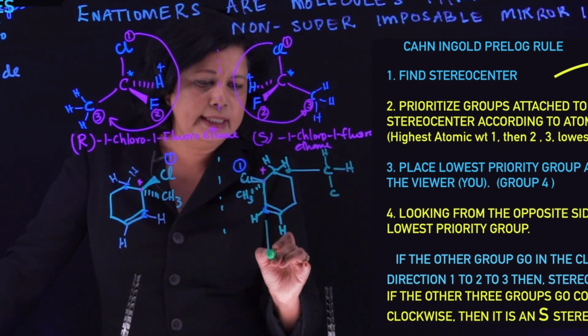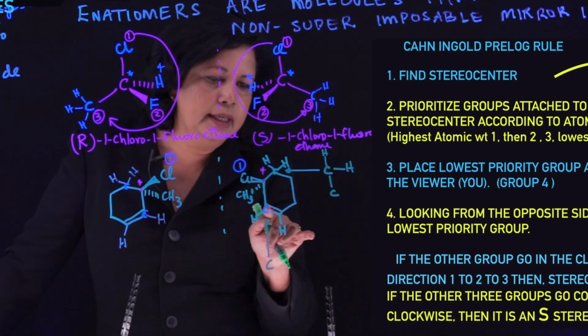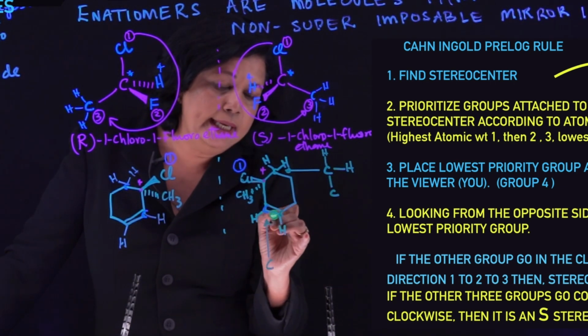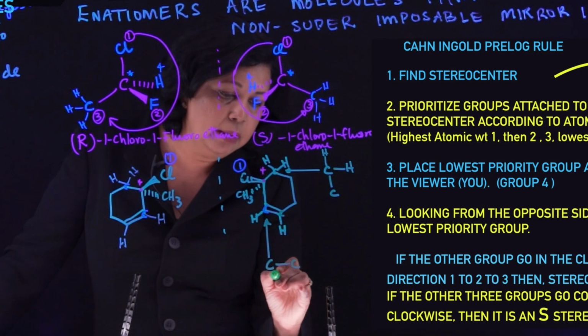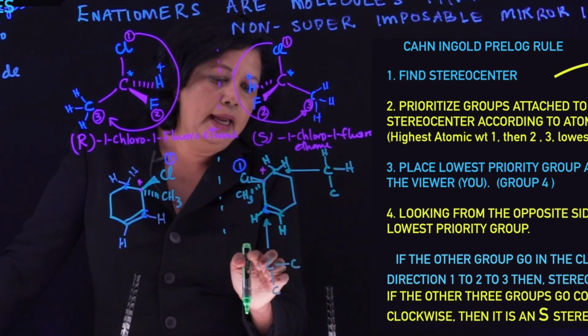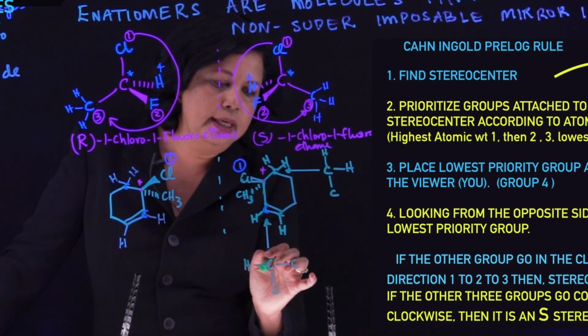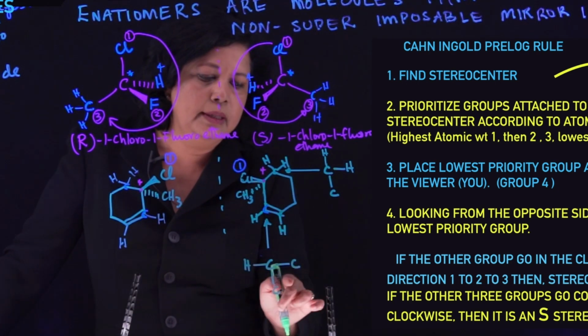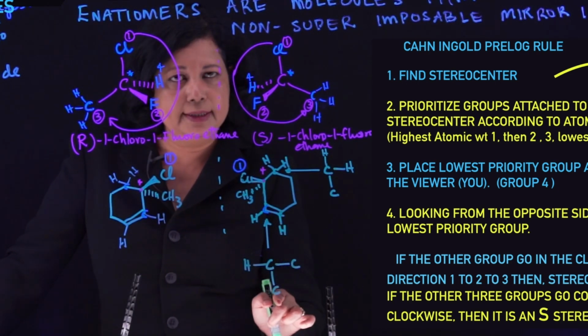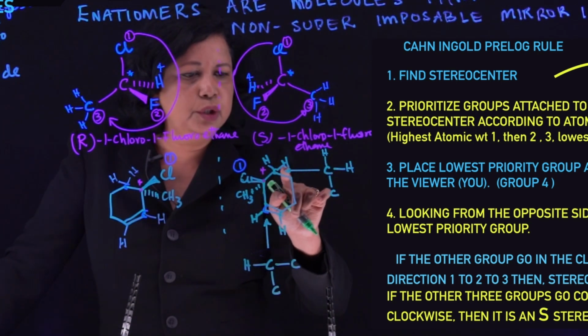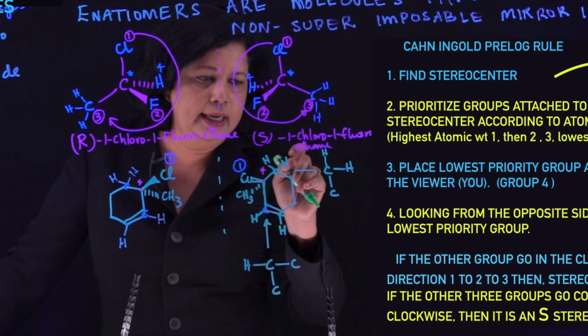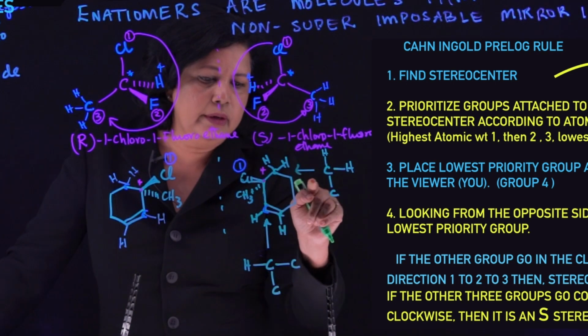If you take this carbon here, it's connected to a carbon by a double bond, so it has 2 carbon-carbon bonds and a hydrogen. So this guy pretty much has connections in high places. This guy's associating too much with hydrogens. So this is lower priority than this.